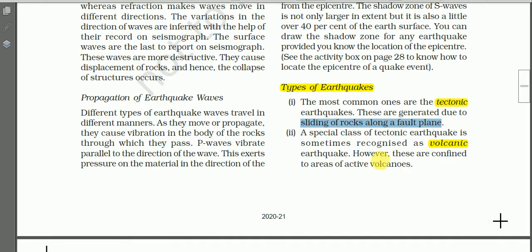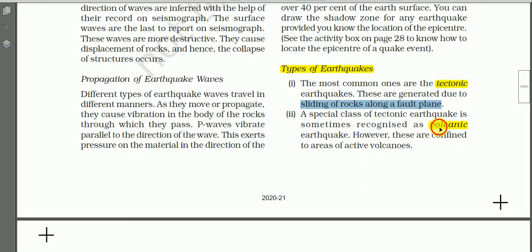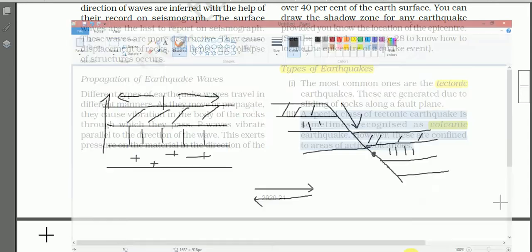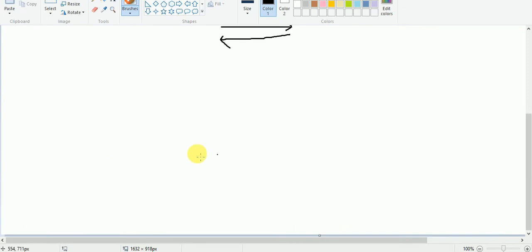The next type of earthquake is known as volcanic earthquake. This is a special class of tectonic earthquake. Whenever we have a volcanic eruption, at the time of eruption there will be shaking and trembling of the earth surface.